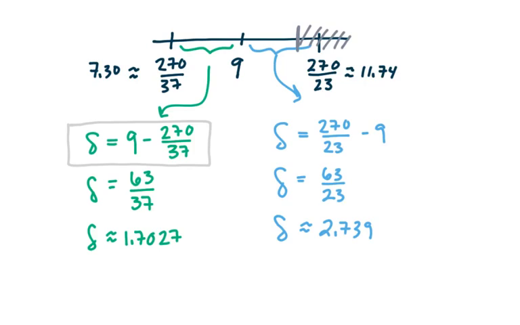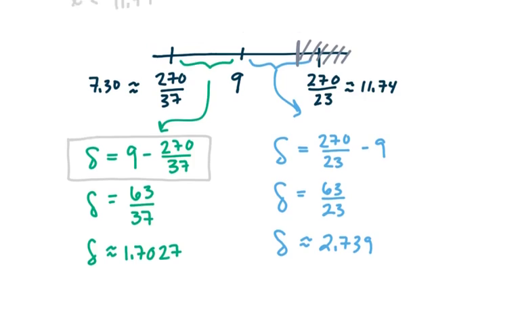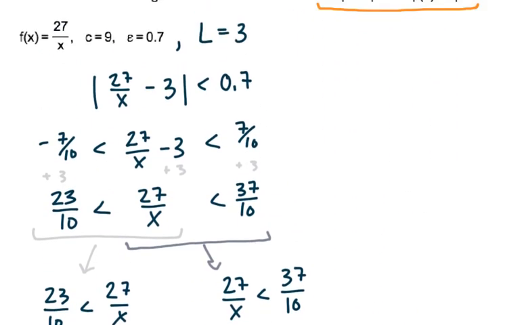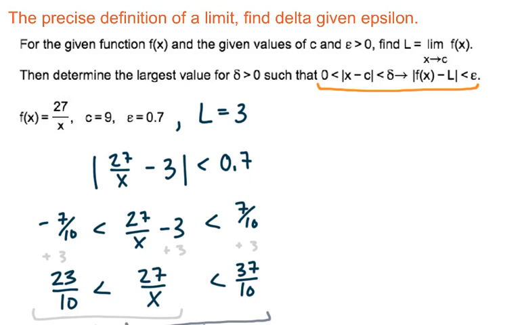So if I choose any value within 270 over 37 less than or greater than 9, my answer will always fall within my prescribed epsilon range of the limit. So my answer is going to be within 7/10 of my limit 3.